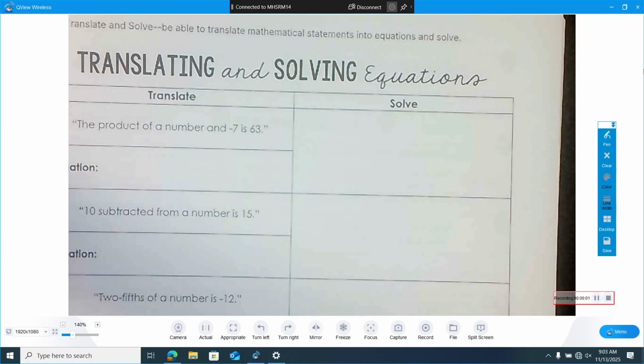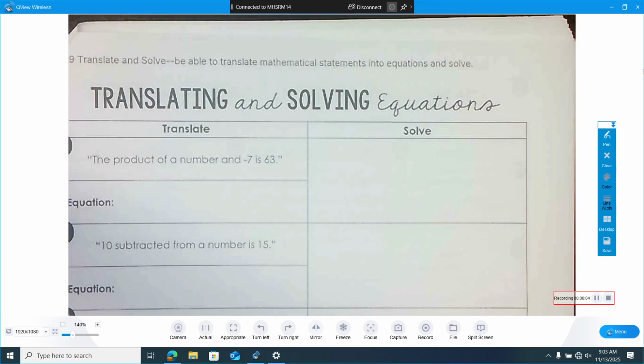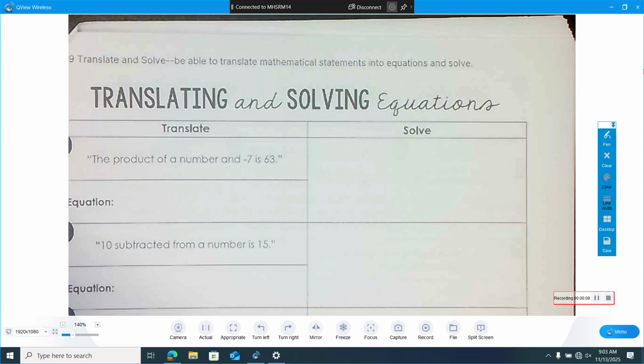Morning. Today we are translating and solving equations. I don't know if you remember, but in the second packet, we were translating statements into math, using words like product and quotient and subtracted from.